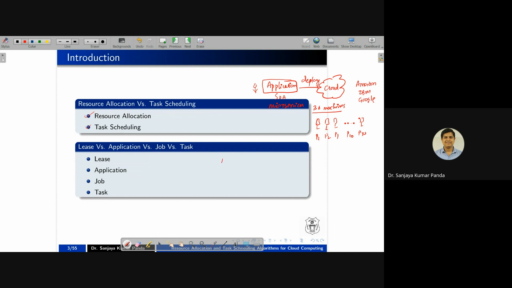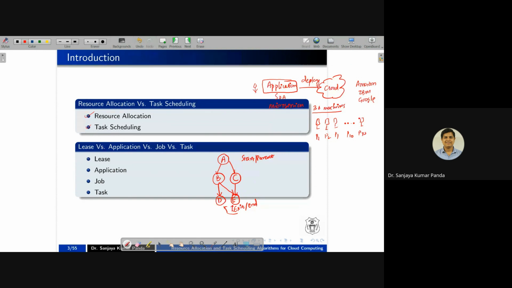If I take an application like this, with A, B, C, and let's say D, and this one is, let's say, E. This is an application, where A is called the start task, or parent task, and both D and E can be considered exit tasks, or end tasks.